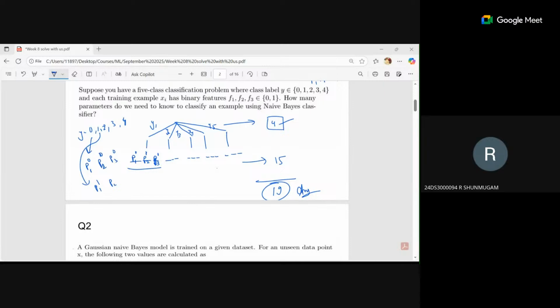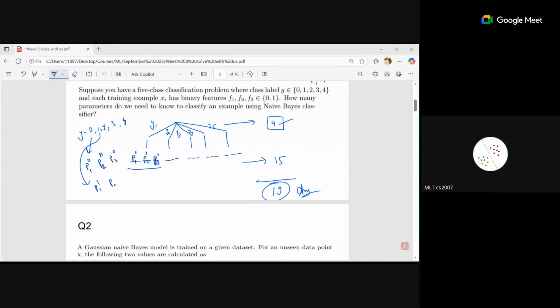So 3 into five classes: first one is k minus 1, the number of classes minus 1, plus k into the number of possible values that a feature can take into the dimension. We find the possible values for one class and multiply the result with the number of classes and with the dimension.